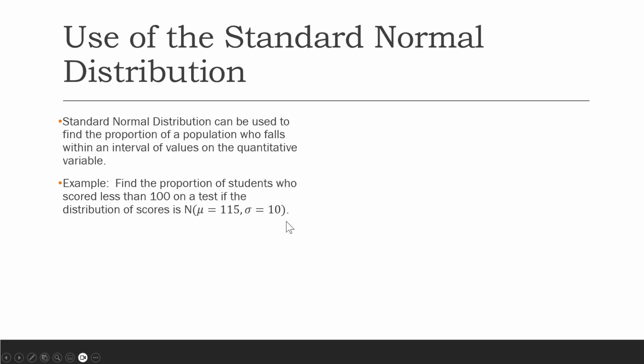Okay, I want to find the proportion of students who score less than 100. Historically, if we were going to solve this problem, we'd first draw a normal distribution that applies to this context. It's going to have a line of symmetry at 115, and the standard deviation is going to be 10.